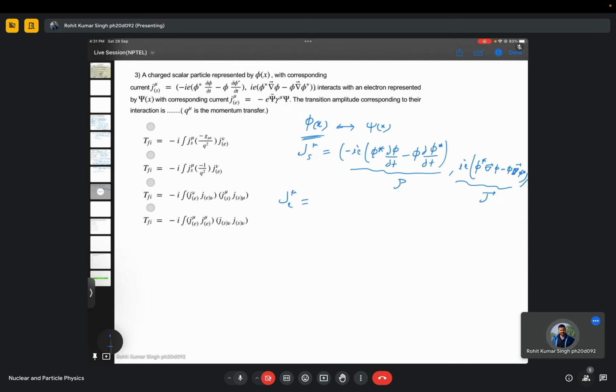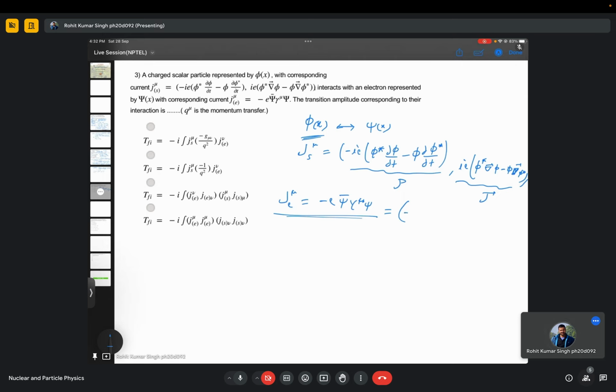So this is the four-current, and you have seen this in the Dirac equation lectures. So for the electron, the current is just this, okay, and if you want to write it in terms of temporal and spatial components, you can write it like this.